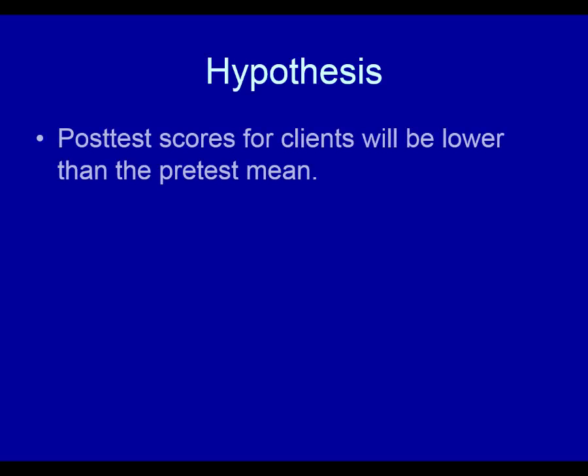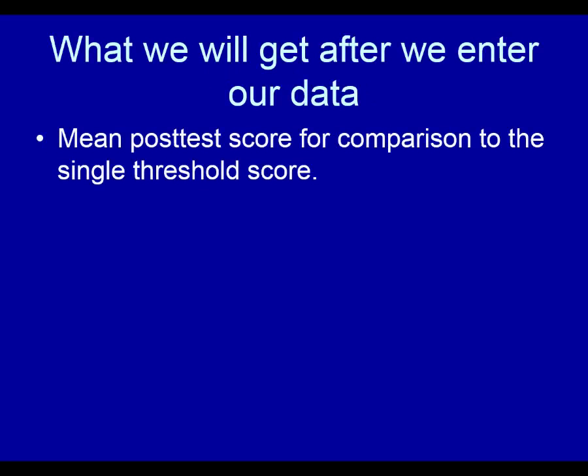Here is our hypothesis. Post-test scores for clients will be lower than the pre-test mean. What we will get after we enter the data, we'll get a mean post-test score for comparison to the single threshold score to see if it is better. We'll get a value of t, which we can use to figure out what the value of p is.